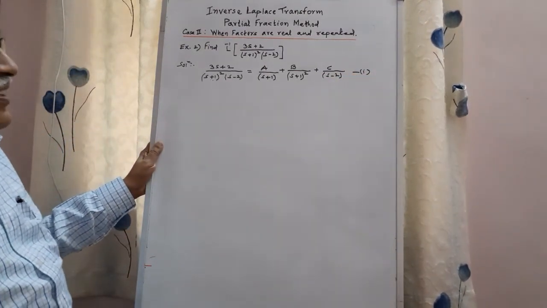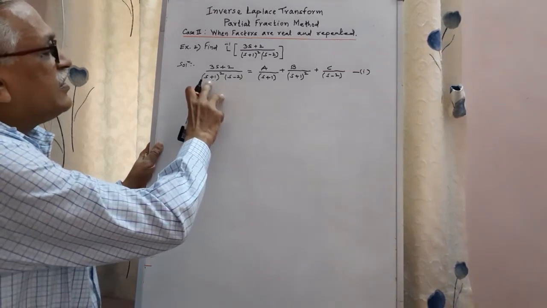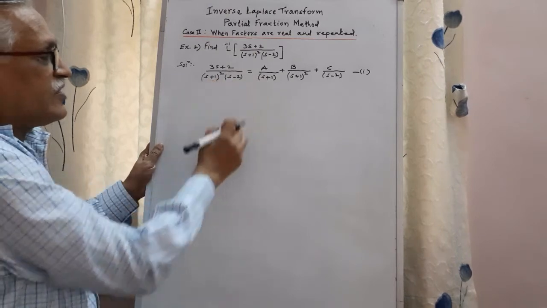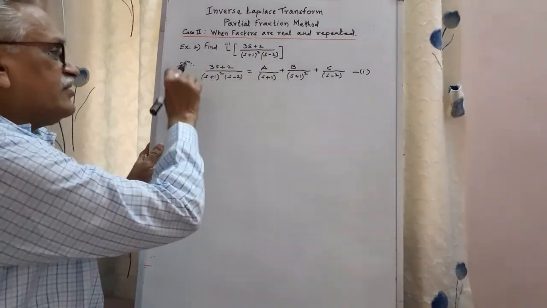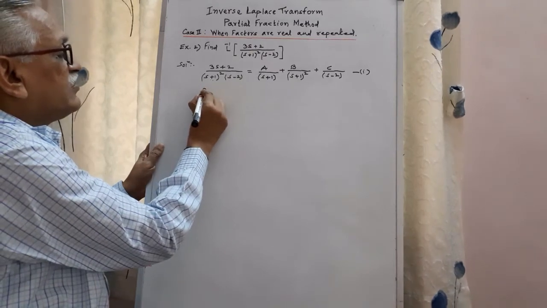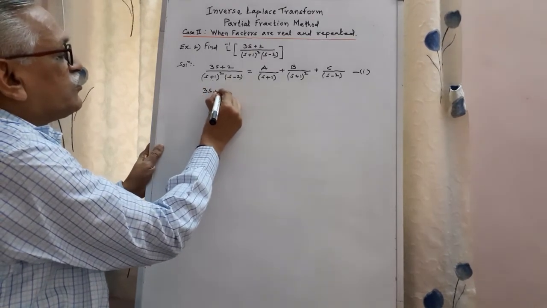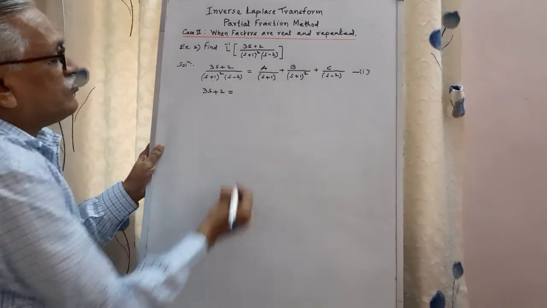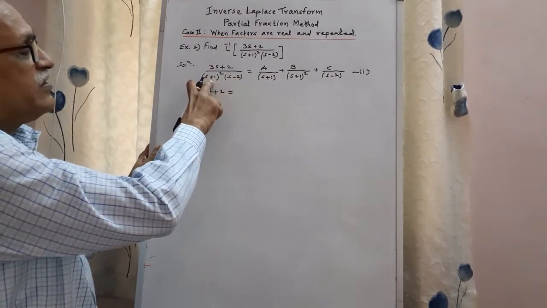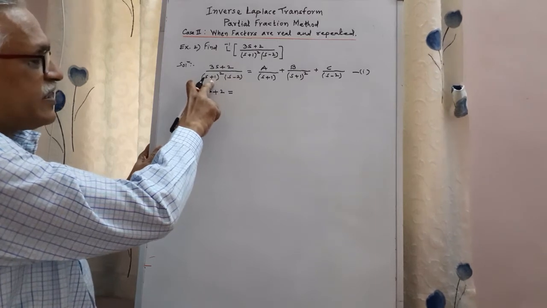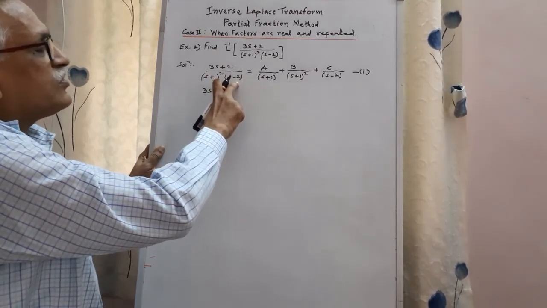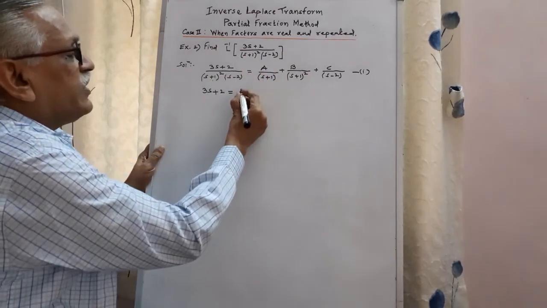And then finding the LCM. LCM here is s plus 1 bracket square into s minus 2. And therefore, directly I am writing this numerator term. We get 3s plus 2 is equal to, dividing this LCM by s plus 1, one s plus 1 gets cancelled. Remaining is s plus 1 into s minus 2, by which we multiply a.